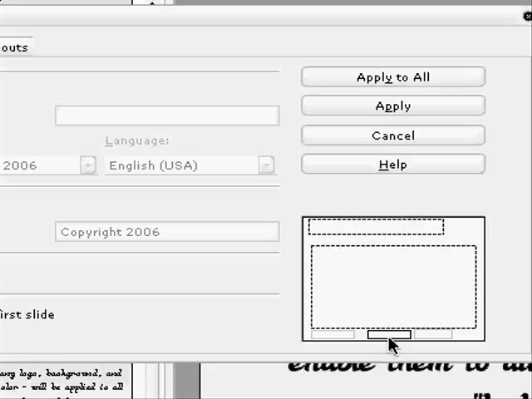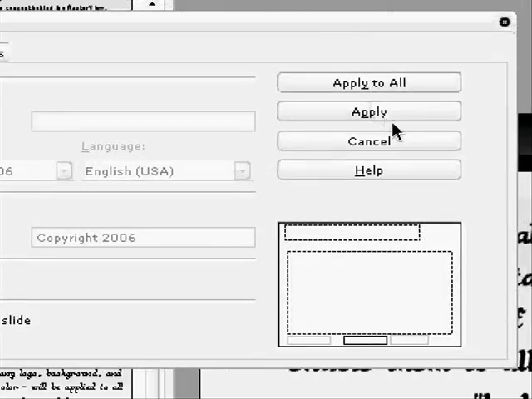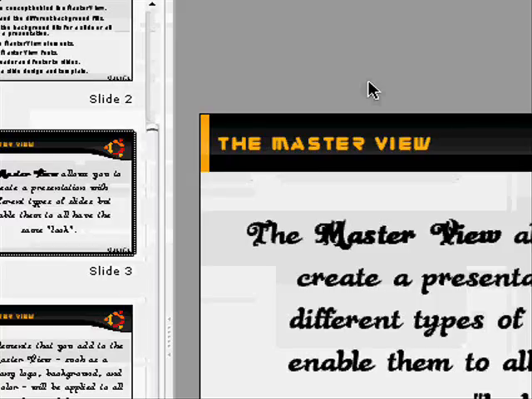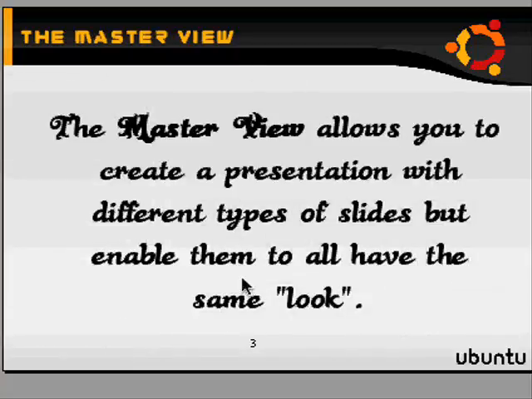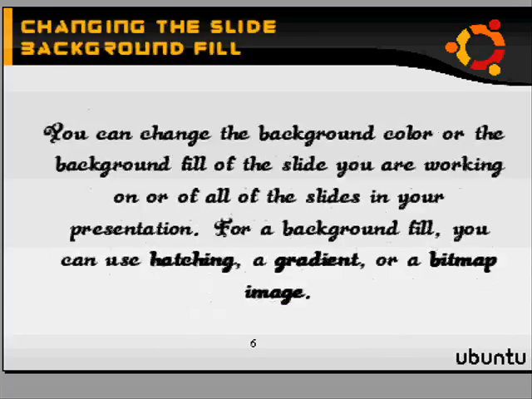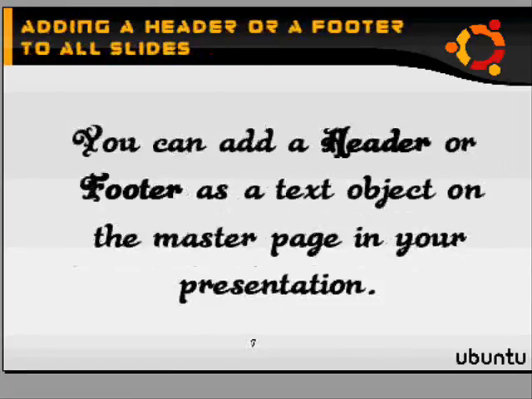It will be seen at the bottom center right over here. You can add this to just one slide, or you can apply this to all slides by simply clicking this one. Then you will see now that all your slides have the page number or the slide number.